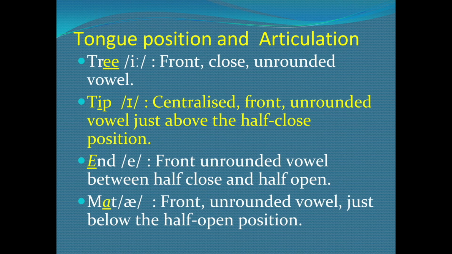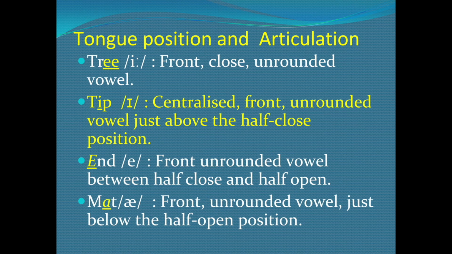Just above the half close position. And when we say E like in end, it is also the front part of the tongue raising and lips are unrounded, and the tongue raises to the position between half close and half open.